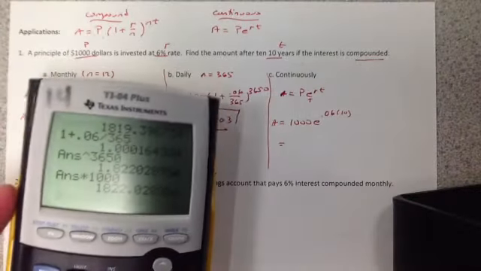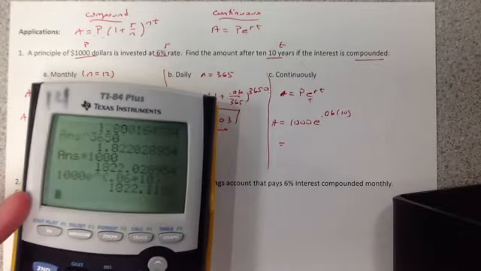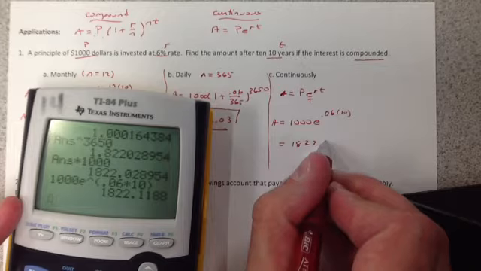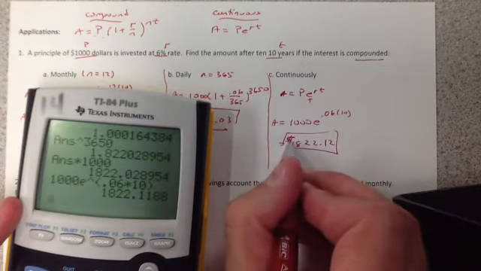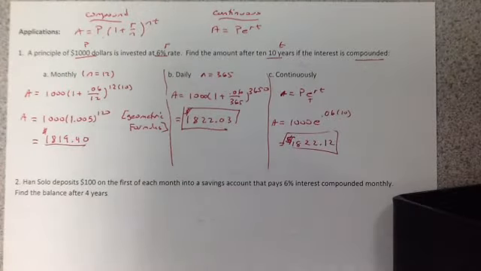We like continuous, much easier to work with. Oh wow, it's almost the same as daily, which we should expect. We get another 9 cents if you compound it continuously versus daily. Very easy to do.